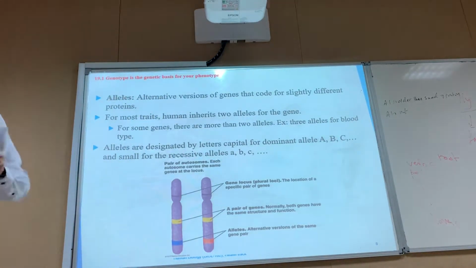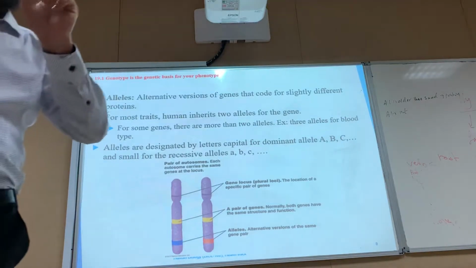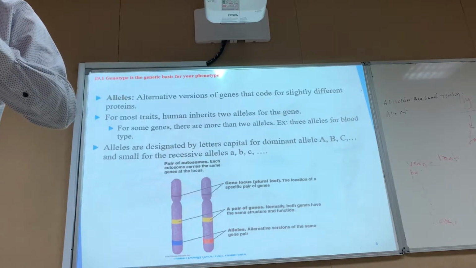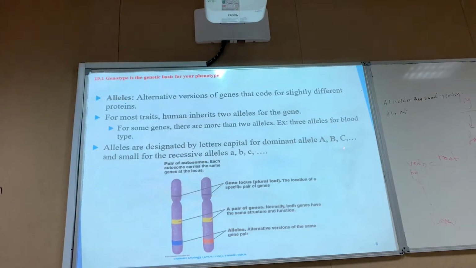The recessive allele will only appear if both alleles that you received are recessive. So a person with, for example, capital I and small i will have the dominant phenotype. To get the recessive phenotype, they need both small i. We'll talk more about that later when we get to the monohybrid cross.